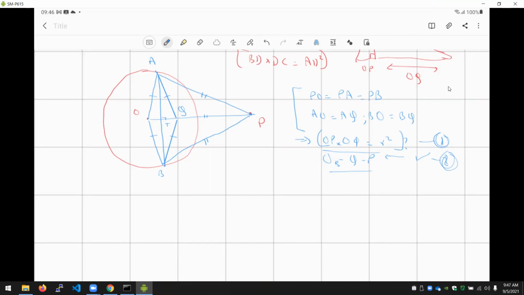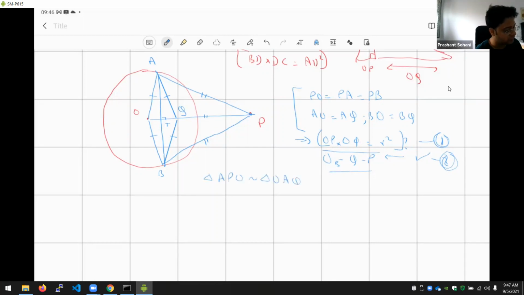Triangle APO is similar to triangle OAQ. Why is that? Yeah, okay. This is true because they are both isosceles triangles and they have one angle common. So then what happens? Sir, then AO upon OQ is equal to AP upon OA, and then cross multiply.